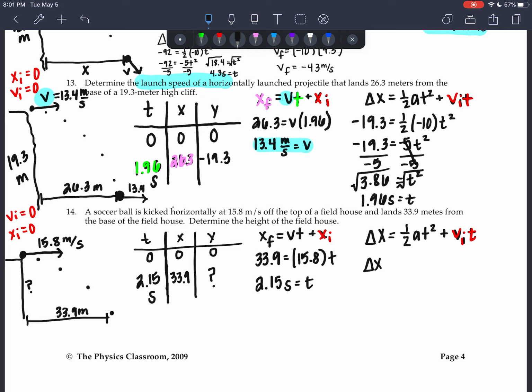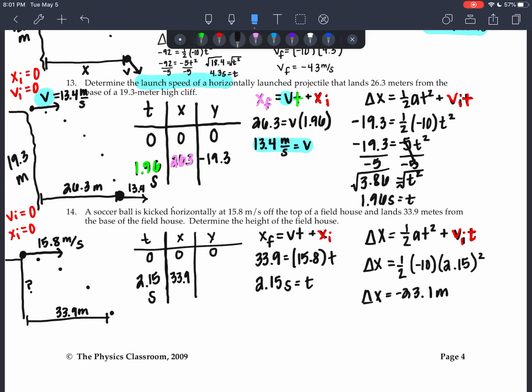I don't know how far it falls vertically, but I do know that my acceleration on Earth is -10, and I now know that my time is 2.15. So when I plug in 1/2 times -10 times 2.15 squared, I end up getting a change in position of -23.1 meters.